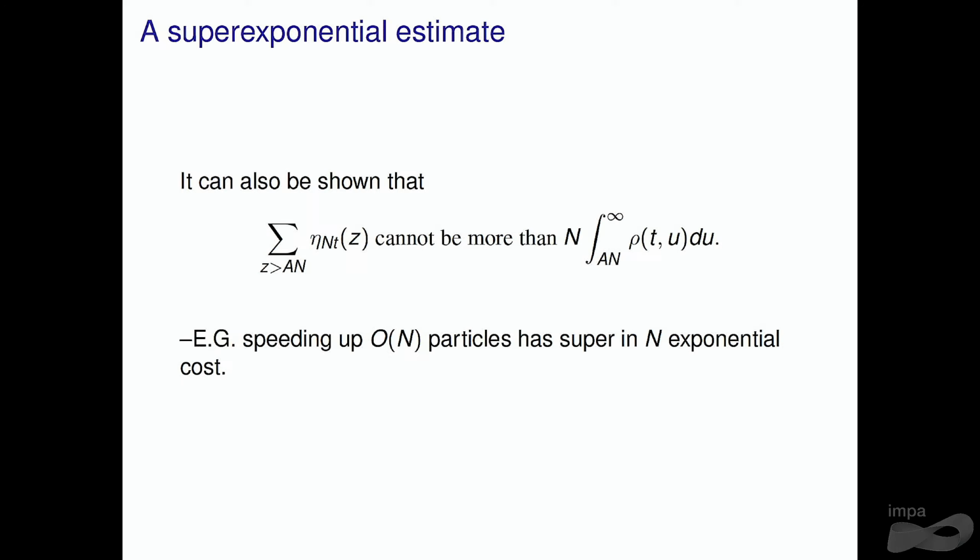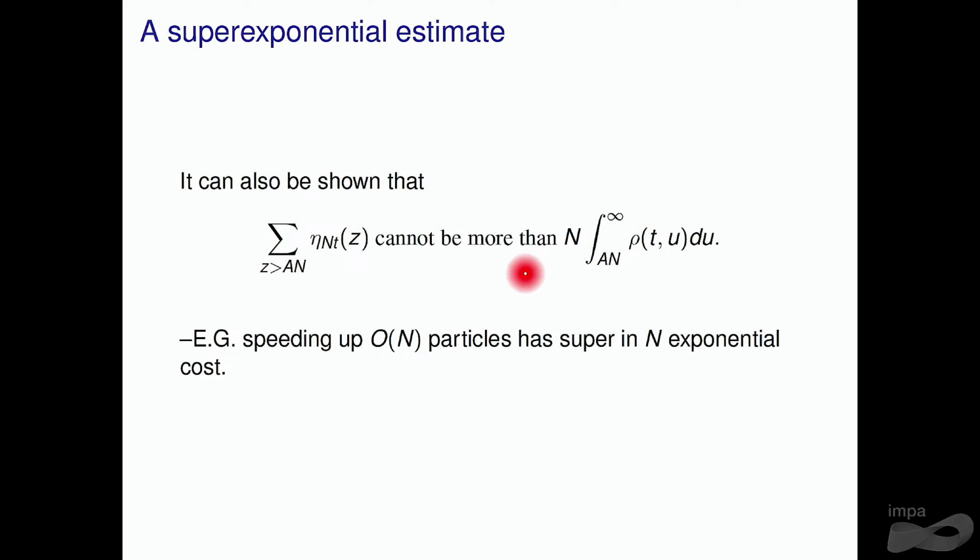Okay, so let's get to the third ingredient, the super exponential inequality. We mentioned that if you have to move many particles, that's costly. So this is an expression of that. You're saying that the particle number beyond a_n, you can't move more than what you typically expect in the hydrodynamic flow.